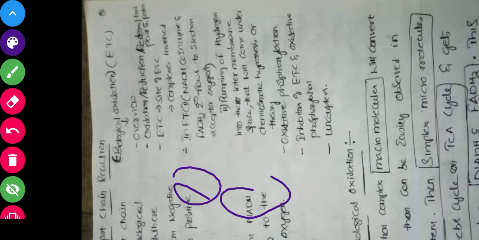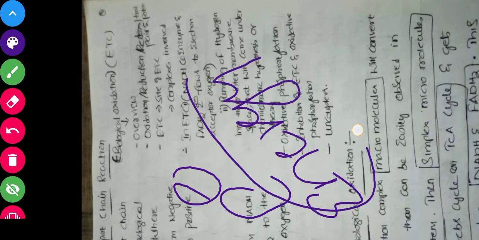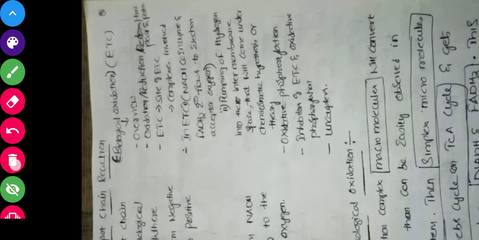Due to this electron flow, energy will be developed in each and every complex. Based upon the energy, the hydrons, that is protons, will be pushed into the intermembrane space.